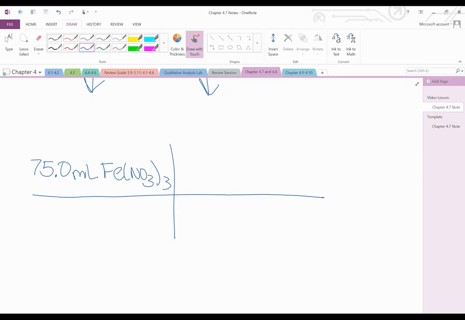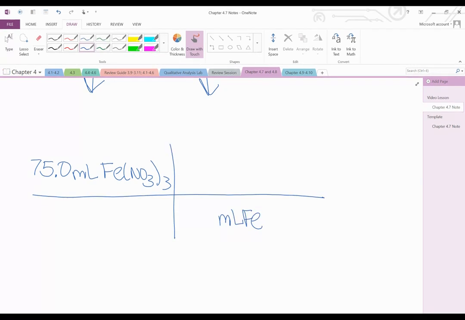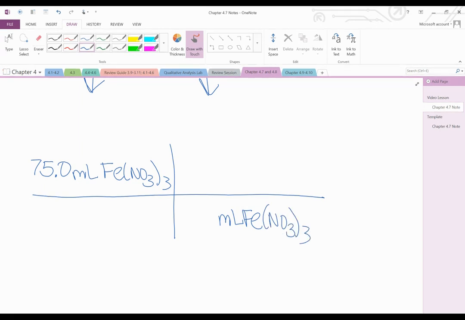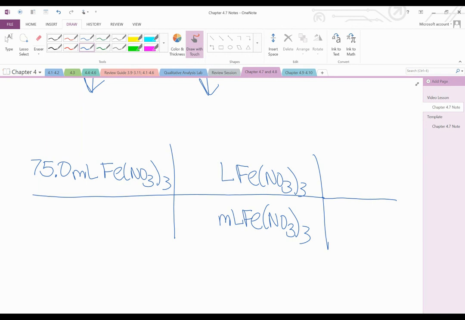To be able to work with the molarity, I need to convert from milliliters of iron 3 nitrate to liters of iron 3 nitrate, and then from liters of iron 3 nitrate to moles.